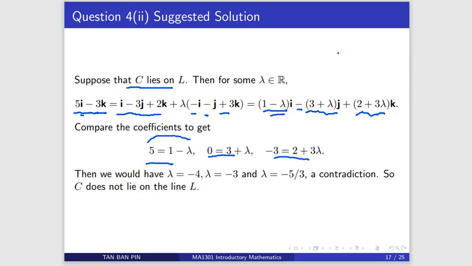And then you solve for lambda. From the first equation, lambda is minus 4. From the second equation, lambda is minus 3. From the third equation, lambda is minus 5 over 3. So you'll find that the answer is not consistent. You get a contradiction. So C doesn't lie on the line L.